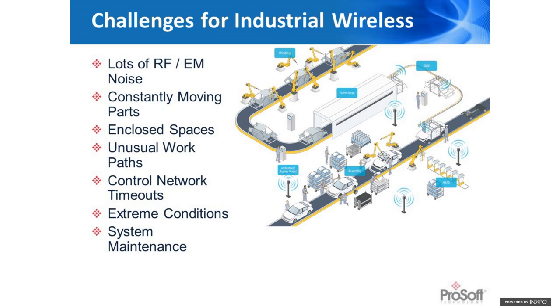Control network timeouts. This is really a big deal that's very unique to the industrial world when we talk about the kind of network traffic that a wireless system in this application will carry. We see things like CIP Safety being carried over these networks. CIP Safety, in order to work, needs to have a very continuous connection between all of the nodes.